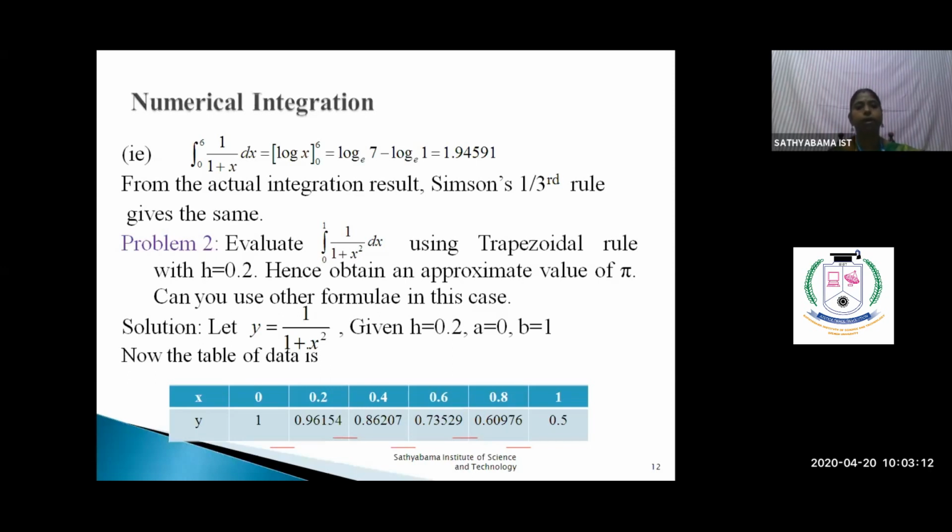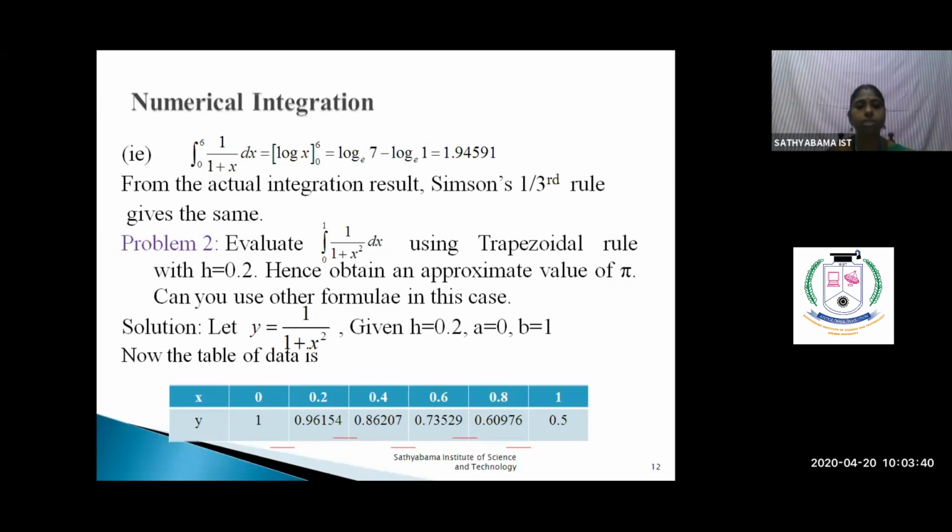Now one more question is given. What is that? Actual integration. So the actual integration we want to find out. Actual integration is what? Integral 0 to 6 of 1/(1 plus x) dx. You know well what is the integral of 1/(1 plus x). That's log of 1 plus x. Here I have written log x, but it is actually log of 1 plus x. And in log of 1 plus x, you take x equal to 6. That's my upper limit.